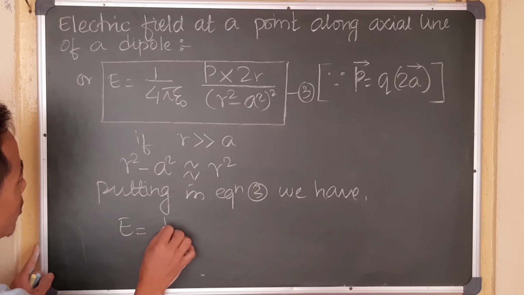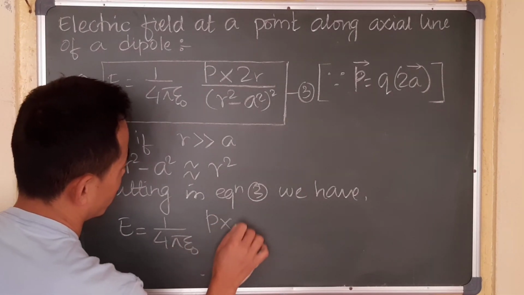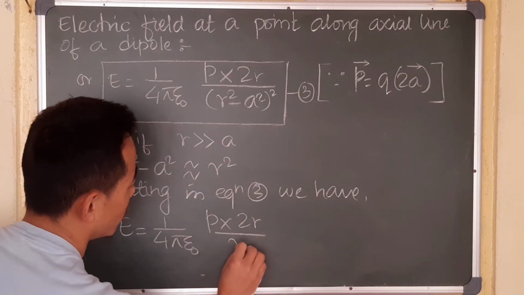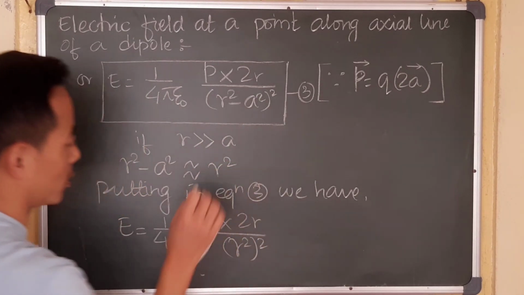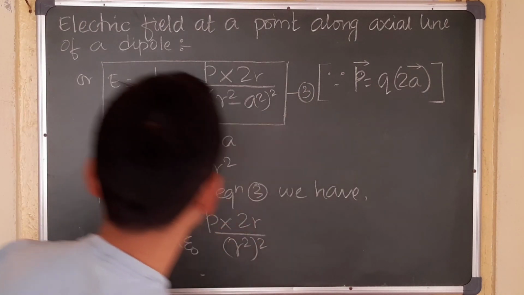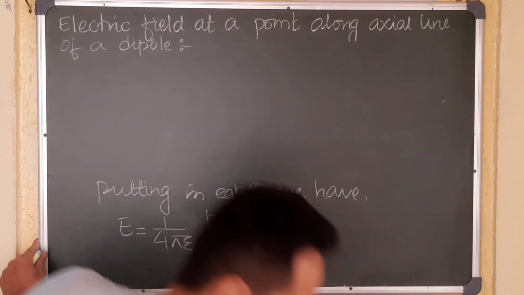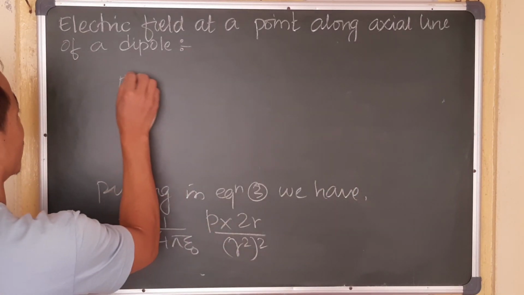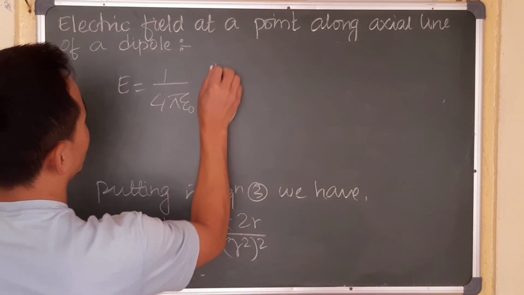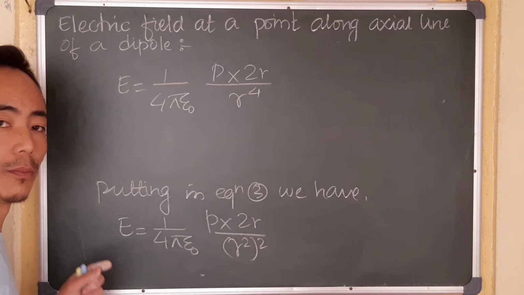So it becomes E equals to 1 by 4 pi epsilon naught p into twice r divided by, this can be simply written as r square only, so r square whole square. Alright, so now in the denominator, r square whole square can be further written as r to the power 4.